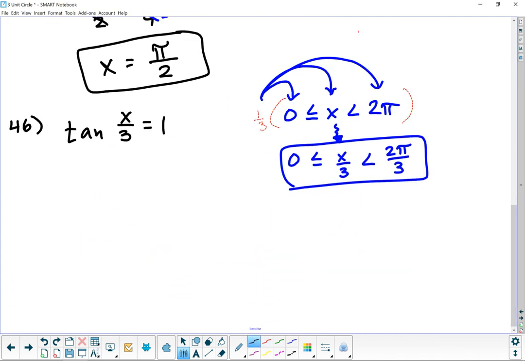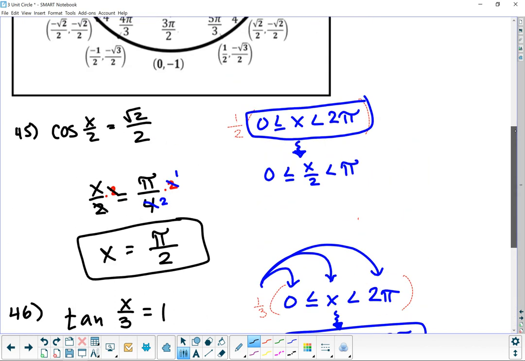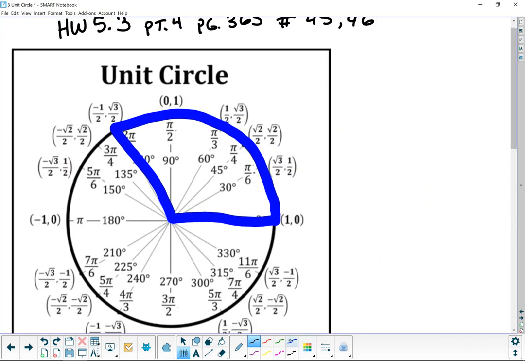Okay. So now let's solve it to find out which answers we need. So when is the tangent equal to 1? Tangent of what equals 1? So that x over 3 has to equal... Tangent is equal to 1 when you have a sine divided by a cosine to be 1.